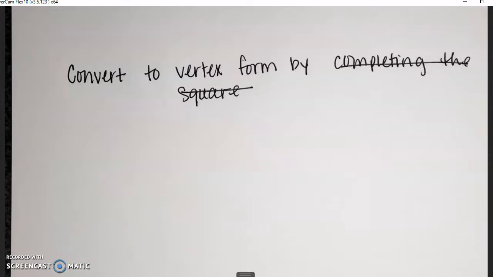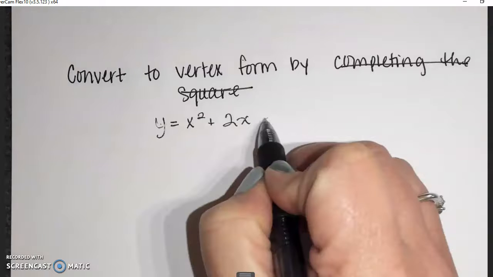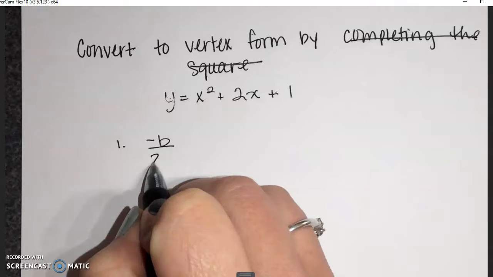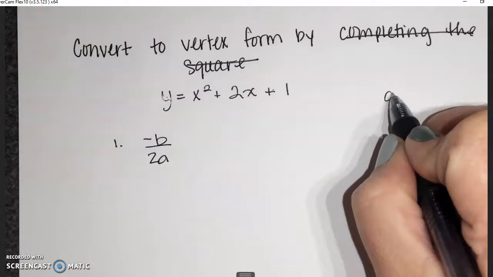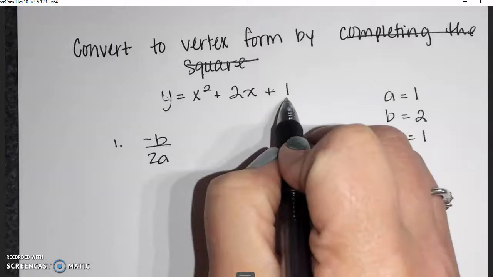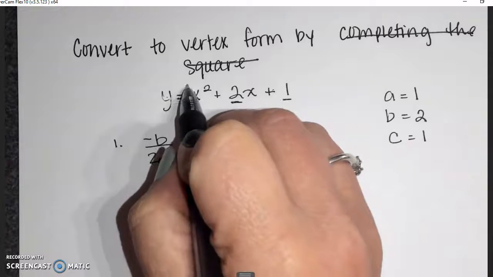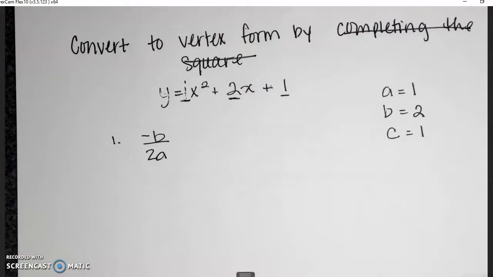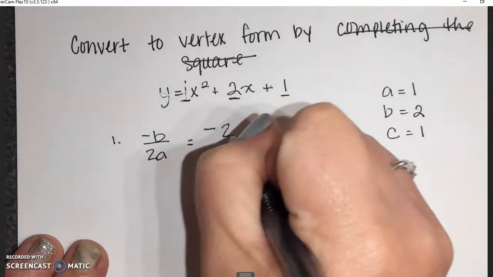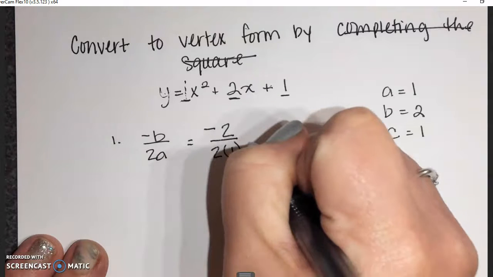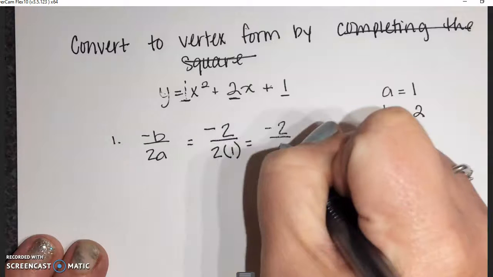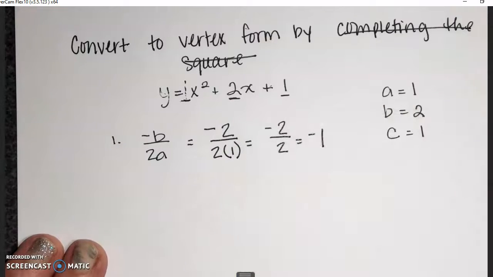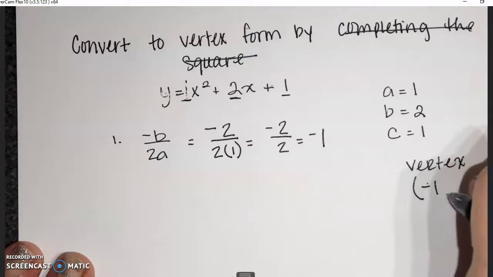So y equals x squared plus 2x plus 1. My very first step was to use negative b over 2a. Let's determine our a, b, and c. Our a is 1, our b is 2, and our c is 1. In case you forgot, I get them from here. Remember, there's that ghostly 1. So we've got negative 2 over 2 times 1. That's negative 2 over 2, or negative 1. So in my vertex, that's my x.